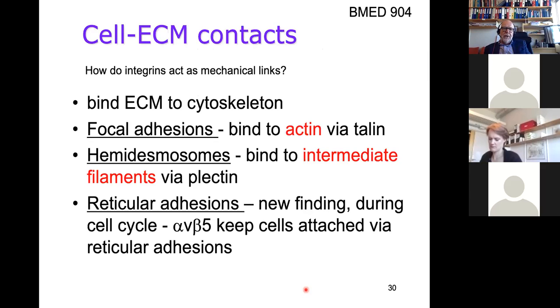So we know that integrins are important in attaching cells to the matrix, and the type of attachment that integrins make are different depending on the integrin and depending on the matrix. So one type of adhesions that we will look at how you can study in today's practical part are called focal adhesions.